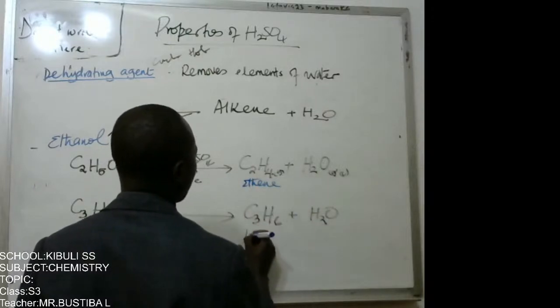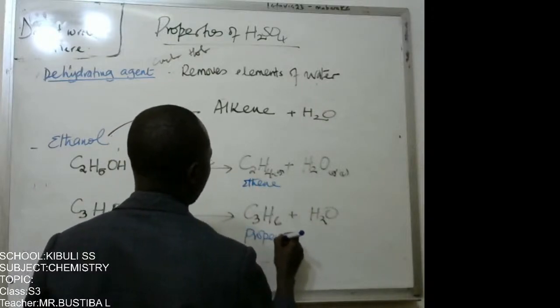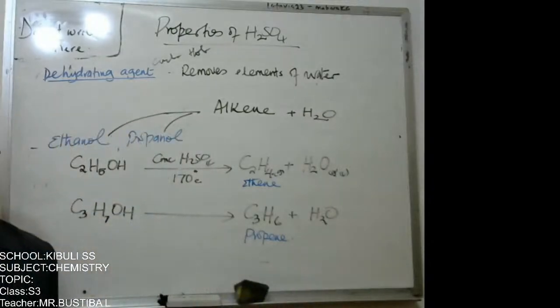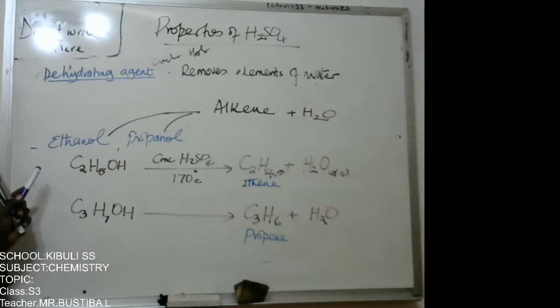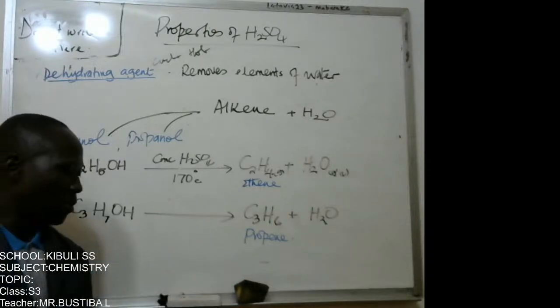The second compound is called propene. Therefore, what are we concluding? Alcohols are converted to alkenes when treated with concentrated sulfuric acid, because concentrated sulfuric acid removes elements of water from the alcohol, changing them from single bonds to double bonds.